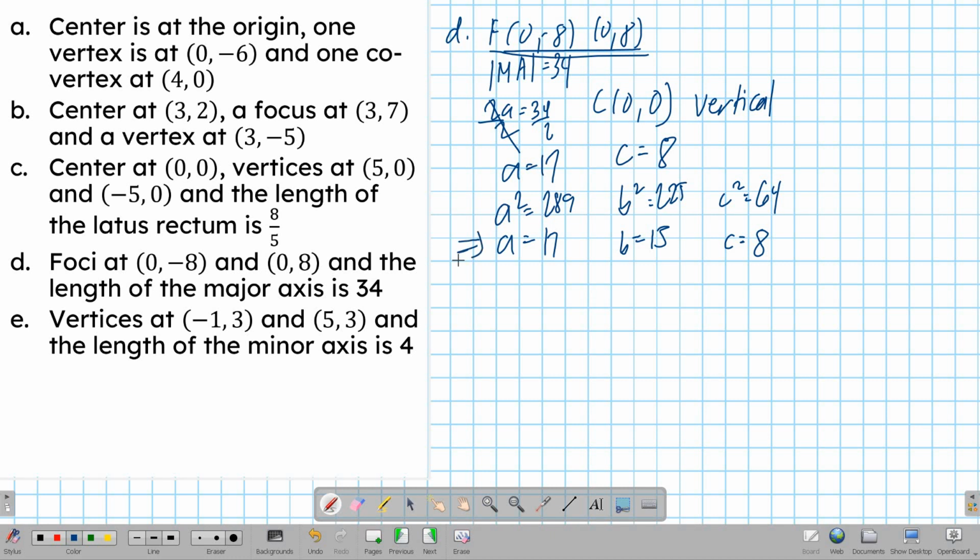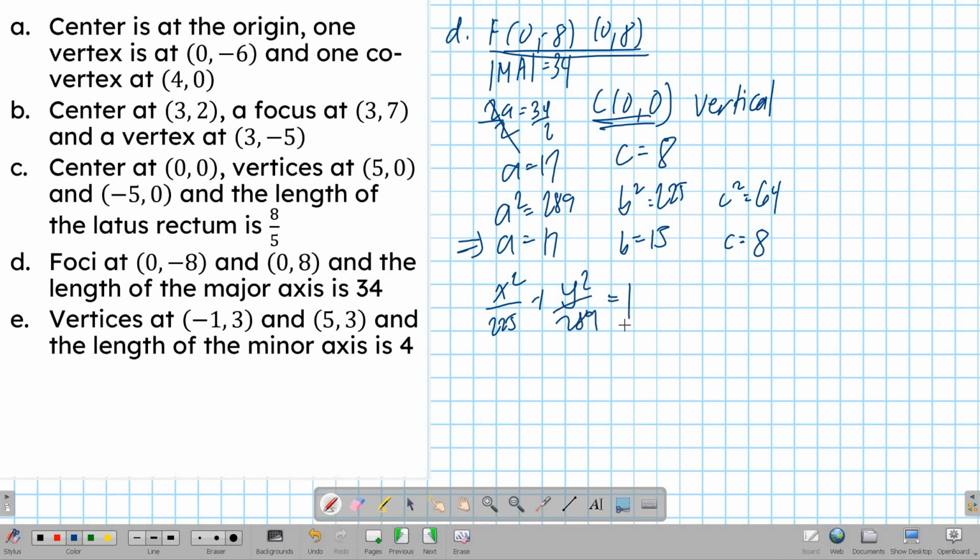We showed this in case we need to look for the parts, but for the equation, all I need is a squared and b squared. Since the center is at 0, 0, and this is vertical, x squared should have a denominator of b squared, plus y squared over a squared equals 1.